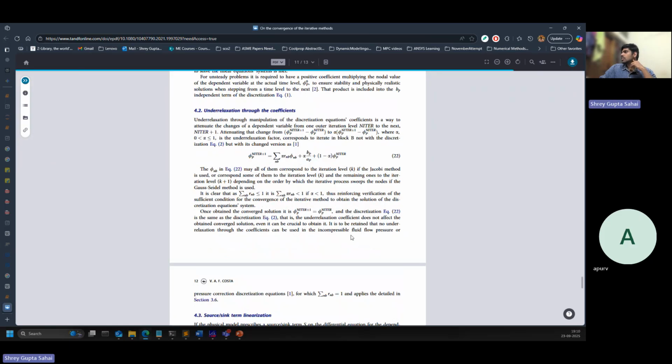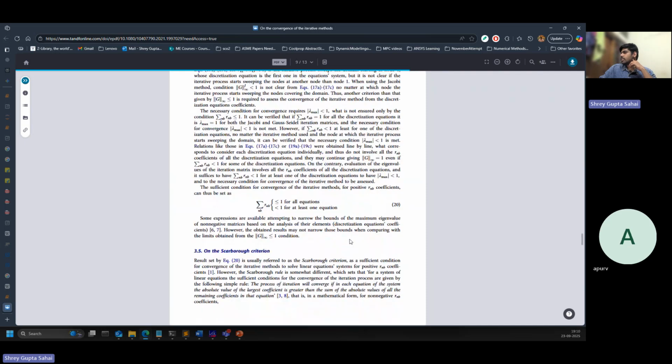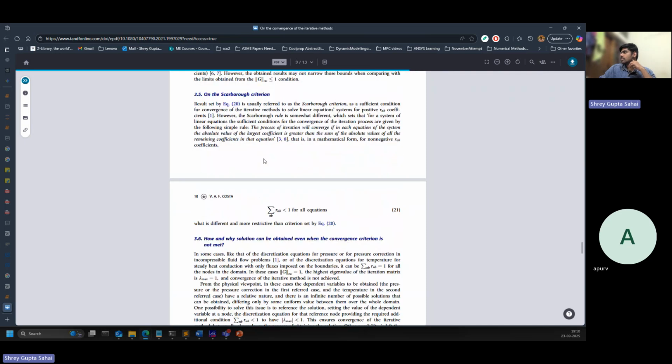Okay, so at least we can read the statement. That is the least we can do. The process of iteration will converge if in each equation of the system the absolute value of the largest coefficient is greater than the sum of the absolute values of all remaining coefficients in that equation. That in a mathematical form for non-negative coefficients is this, which is different and more restricted than the criterion set by equation 21.